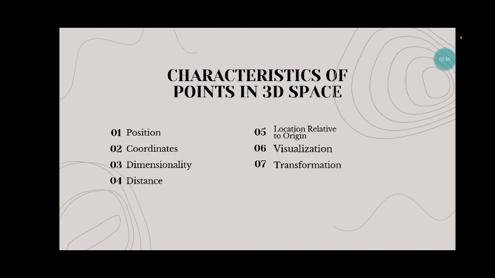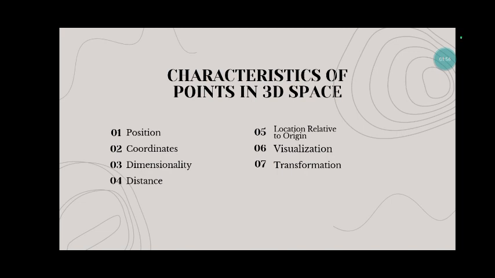So, characteristics of points in 3D space. Position. Each point is defined by its unique position within the three-dimensional coordinate system, specified by its x, y, and z coordinates. Second, coordinates.